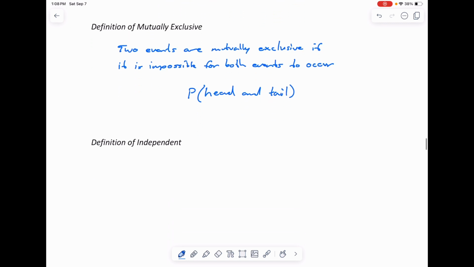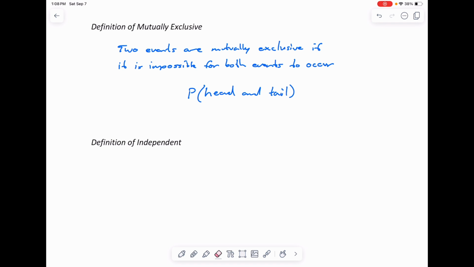All right, then independent. Watch these definitions carefully because it's very easy to get them mixed up. So mutually exclusive is exactly that. They are exclusive of each other. One cannot be with the other. They can't happen together.